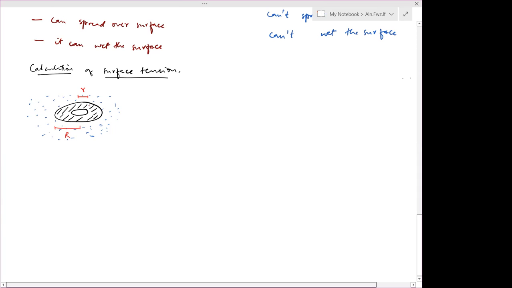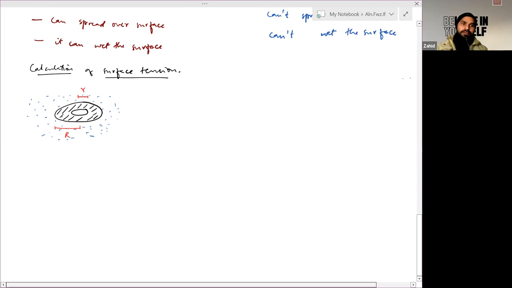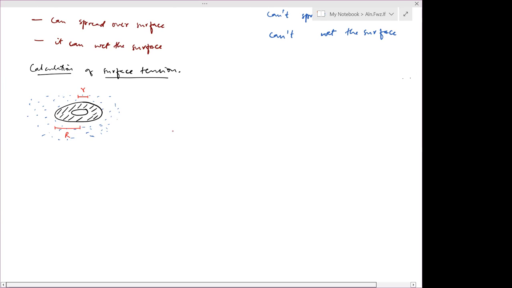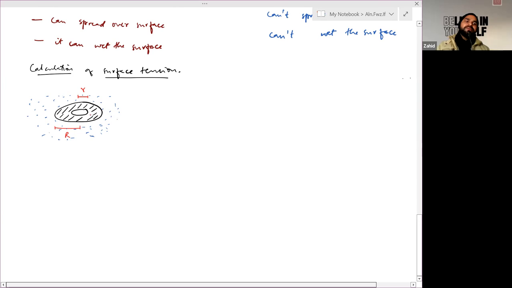And next, since the particles of this disk are in contact with this liquid, there will be some adhesive force in between them, which will tend to pull this disk back to its surface. So to overcome that, you need some additional force to uplift it. Is it clear? Yes. So that extra force provided to this disk to uplift it per unit length of its interacting boundary is called surface tension.